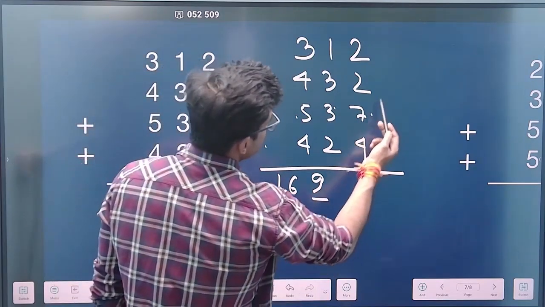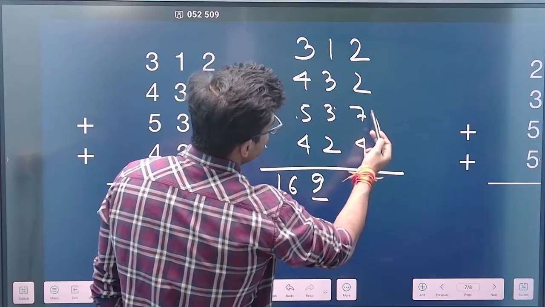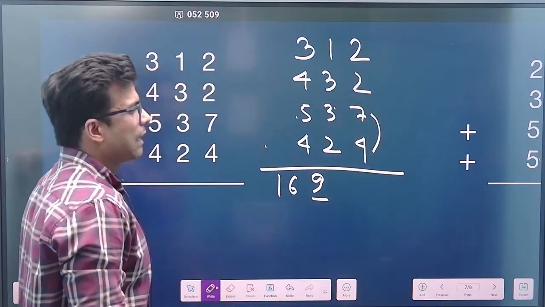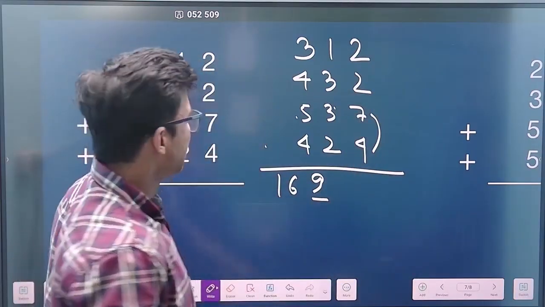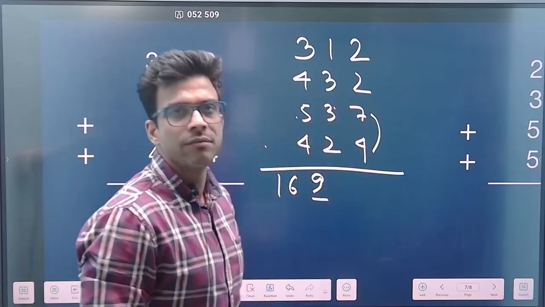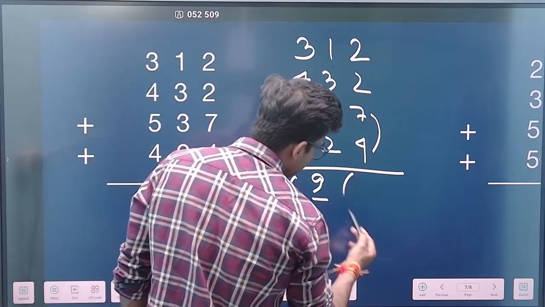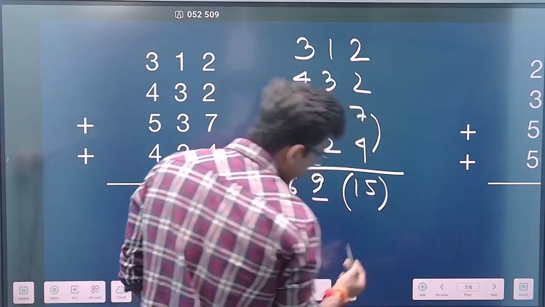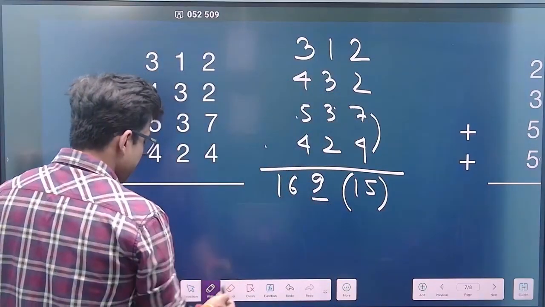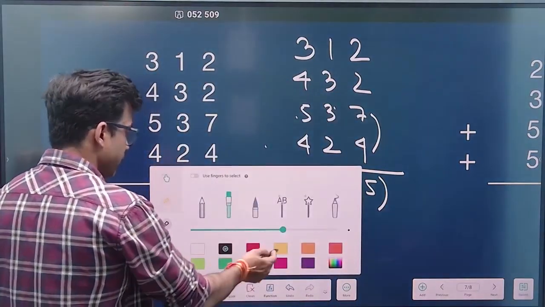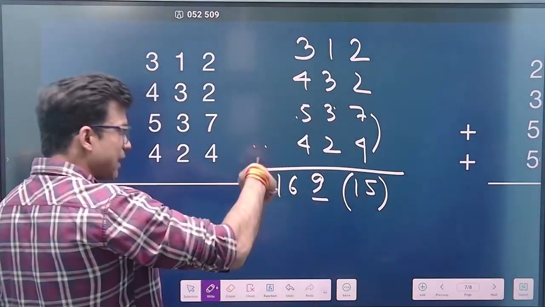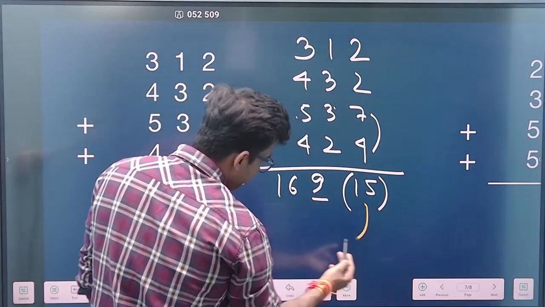Now 7 and 4 is 11, and 11 and 4 is 15. Again the problem comes when it becomes 15. The moment this becomes 15, shift 1 towards the left-hand side.